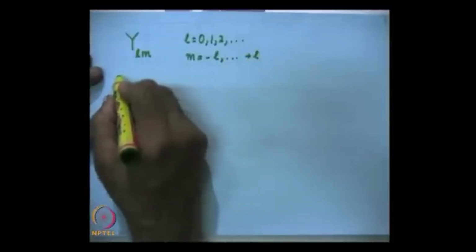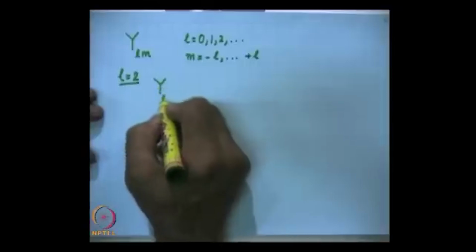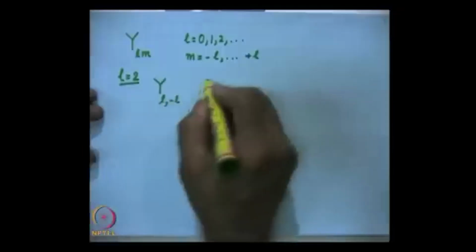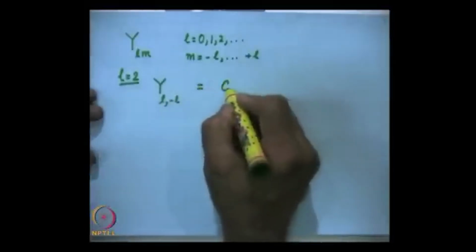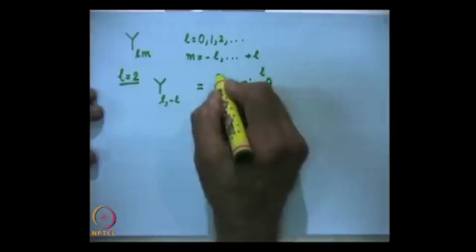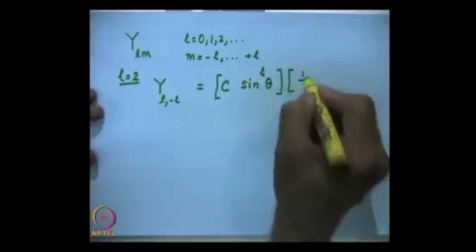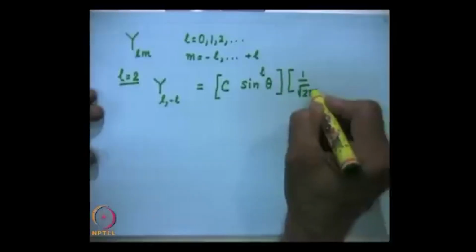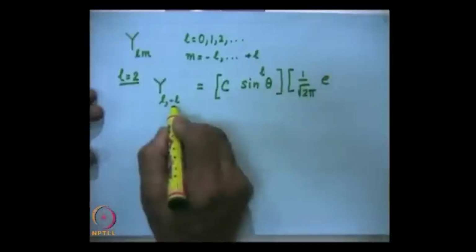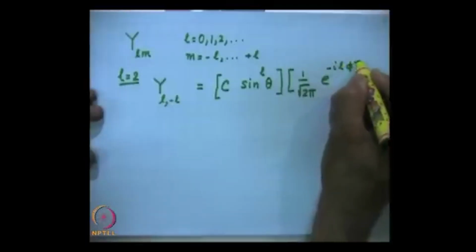So, let me consider the case when L is equal to 2. Then we had shown that Y_L when m is minus L is proportional to sine to the power of L theta, and the phi function was 1 over root 2 pi e to the power of minus i L phi.